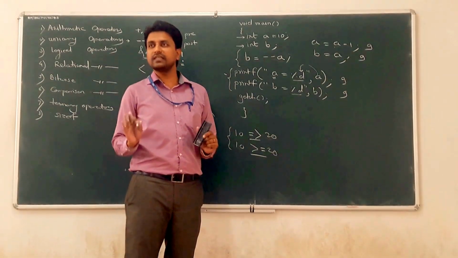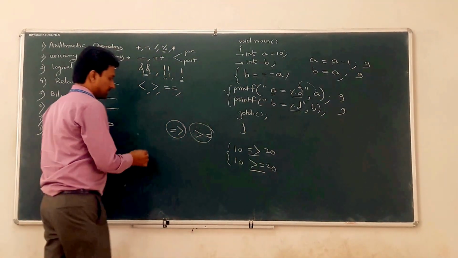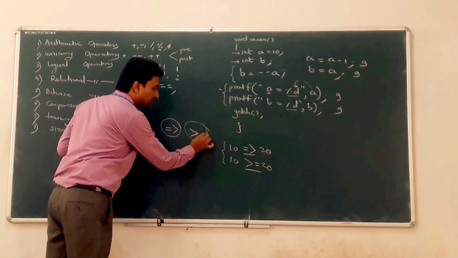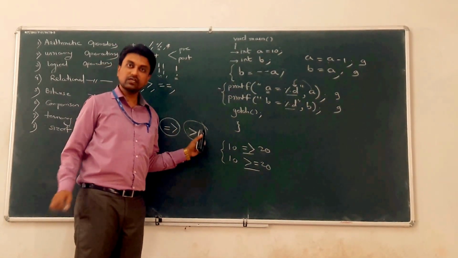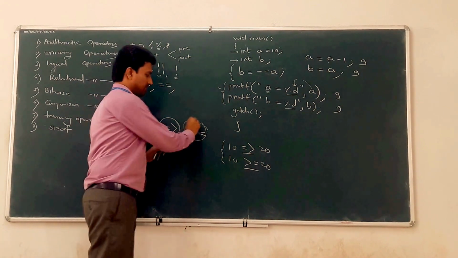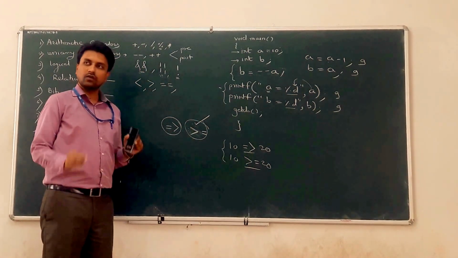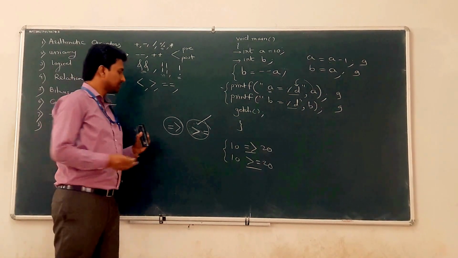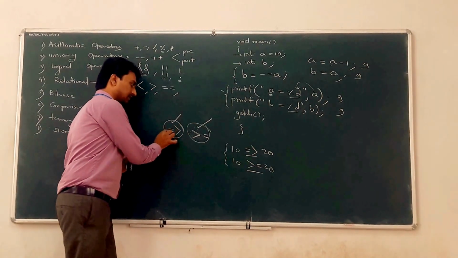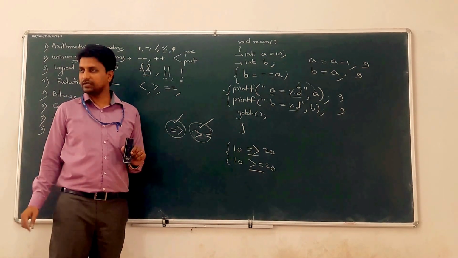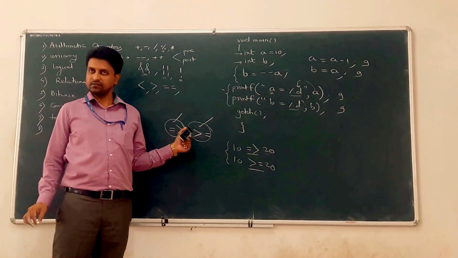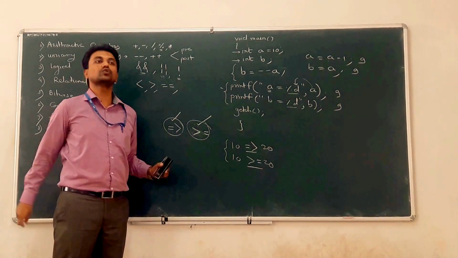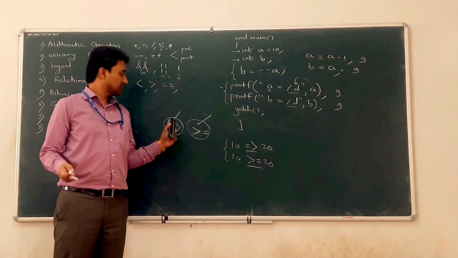But here in C language, there is one relational operator, greater than equal to. This is correct. Lots of times you make the same mistake: you use equal to greater than as notation for checking the relation between two operands, but it is wrong.